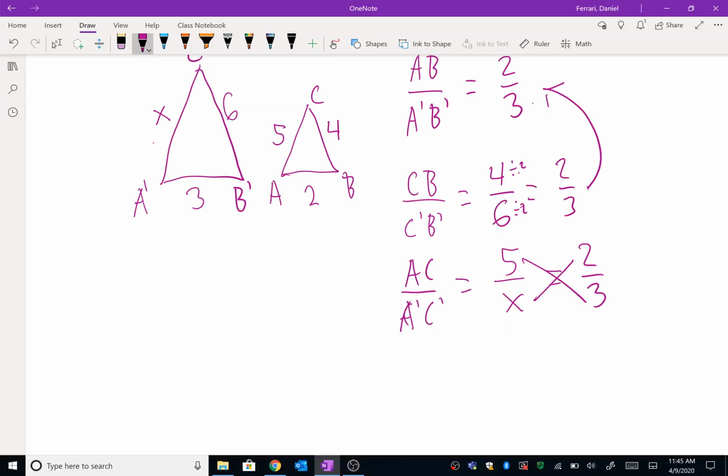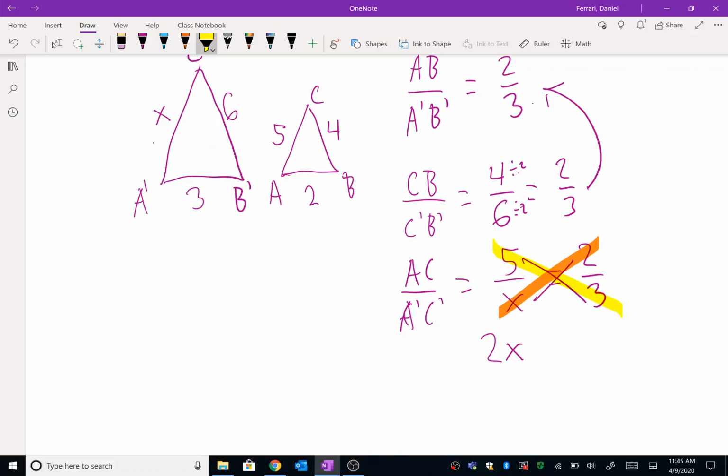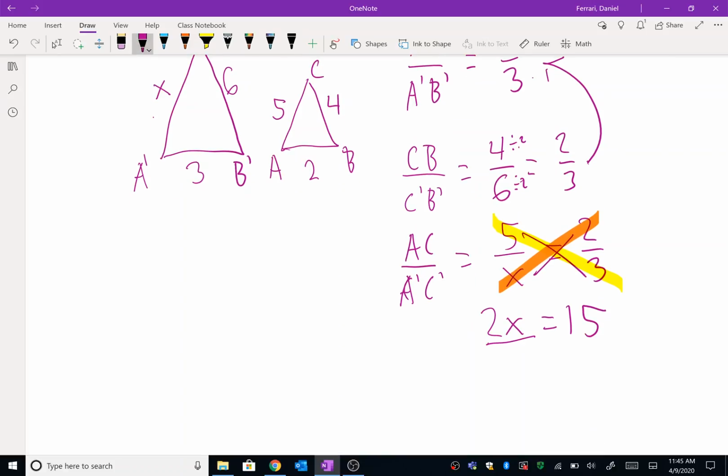So we're going to take our x and multiply it by 2 and get 2x. That is this diagonal. Then I'm going to take my 5 and multiply it by 3, and that's going to be my other diagonal. 5 times 3 gives me 15. Once we've done that, we simplify the equation dramatically, because now all I have to do to figure out what x is is divide by 2.